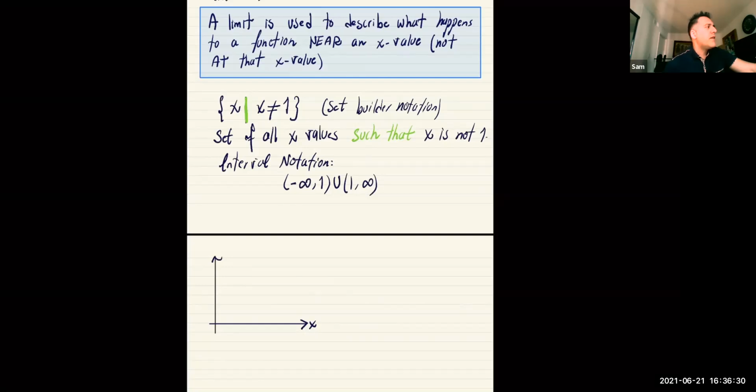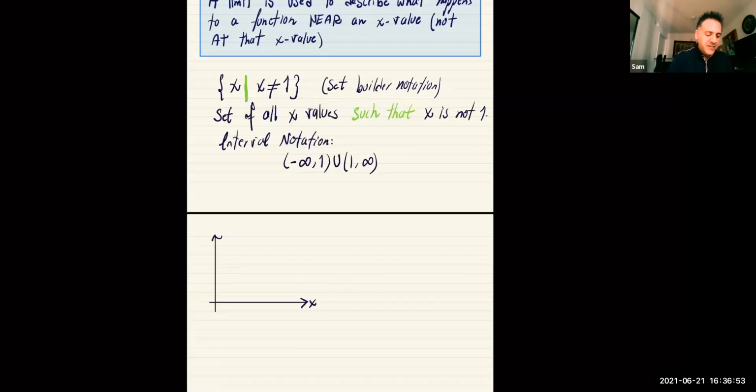Jose is asking, what would you write if you also wanted to specify x can be any real number except 1? Well, this tells you that. If you wanted to write exactly what you just said, that would be this, which is kind of redundant.